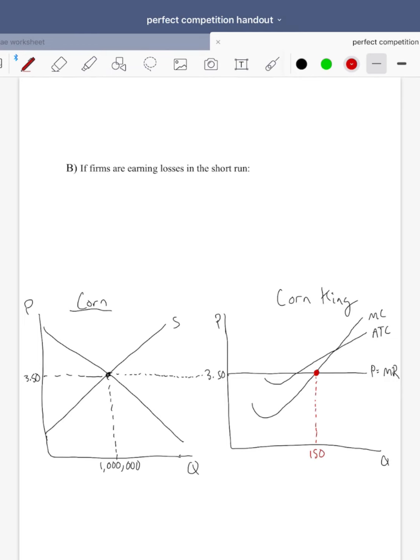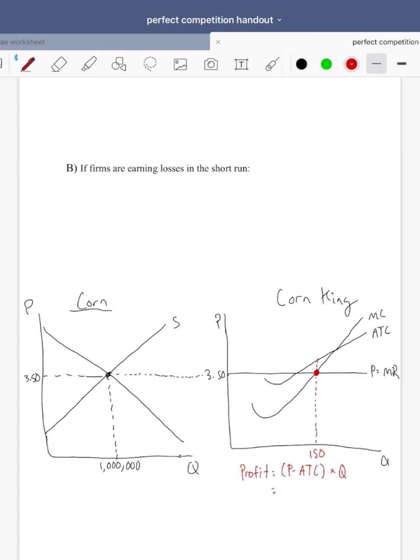And we'll be able to find, once again, our profit maximizing output level where the marginal revenue intersects our marginal cost curve, which is right here. And let's say that that was 150 units. Now we can go ahead and find our profit using that formula.